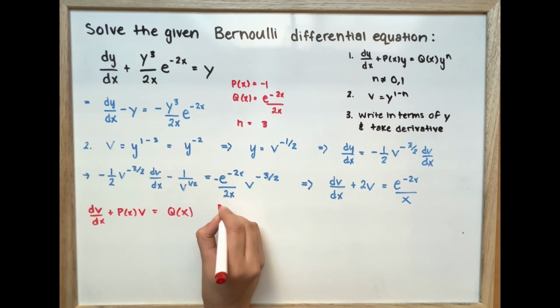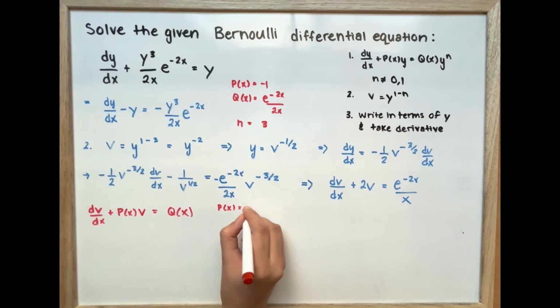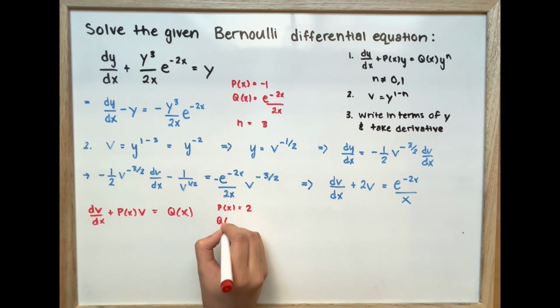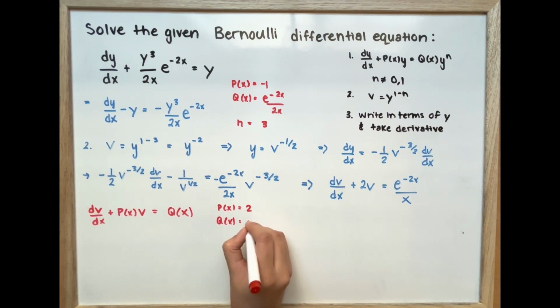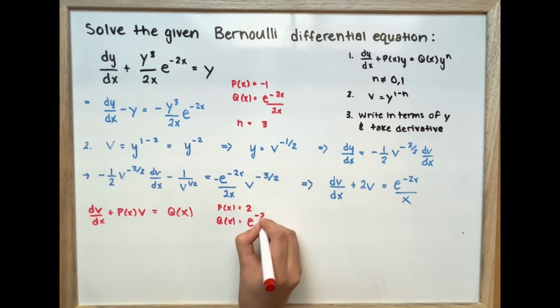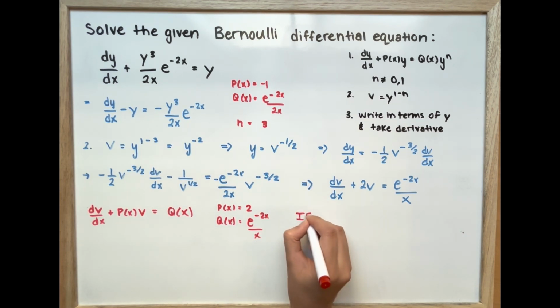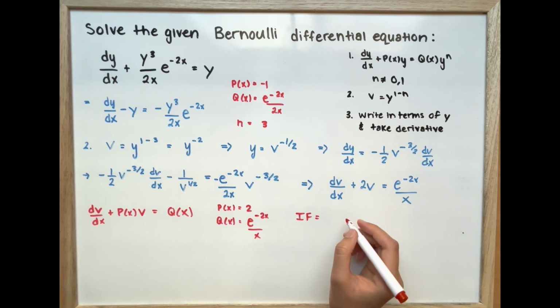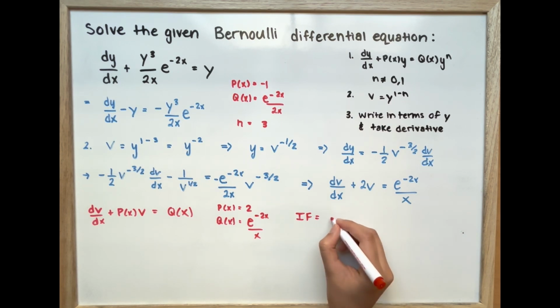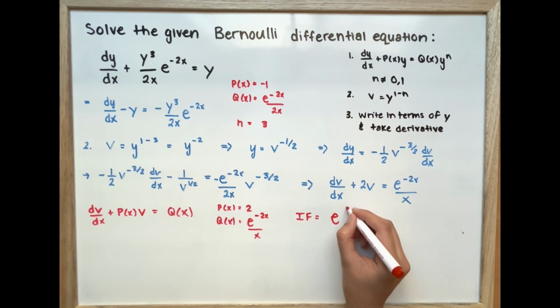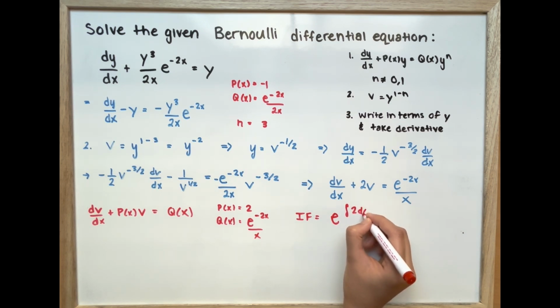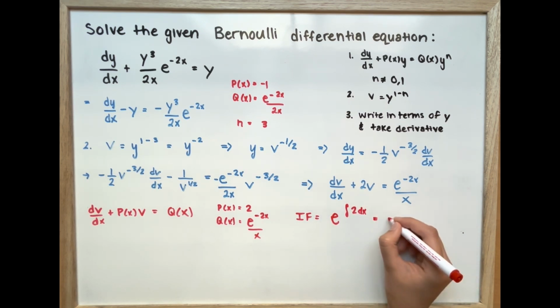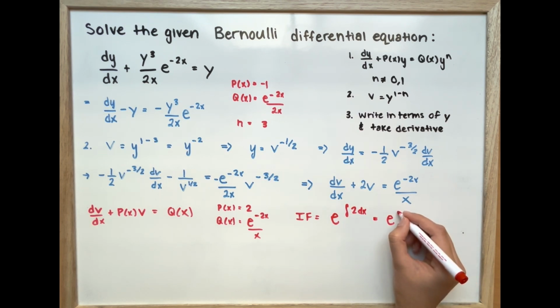So we're going to set our p of x equal to 2, and our q of x is e to the power of negative 2x over x, and therefore our integrating factor is going to be e to the power of the integral of 2 dx, which just equals e to the power of 2x.